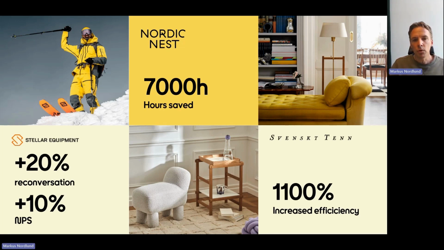So that was their focus. Nordic Nest, a totally different player, has very low return rates, but needed cost reduction because even with low return rates, they have a lot of volumes, so they need to do this efficiently. Svensk Tenn is an example of increased efficiency, especially when it comes to lead time.